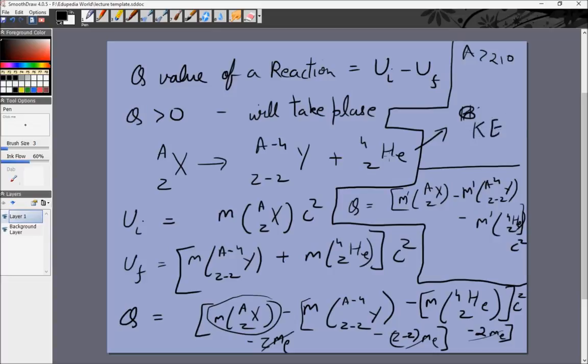So the kinetic energy of the alpha particle in an alpha decay is basically the Q value of the reaction, and it is the same in every decay scheme, right? If A is going to Y and releasing an alpha particle, then if it happens 10 million times, all 10 million alpha particles will have approximately the same energy, because we've neglected the kinetic energy of this nucleus because it is much larger compared to this nucleus.